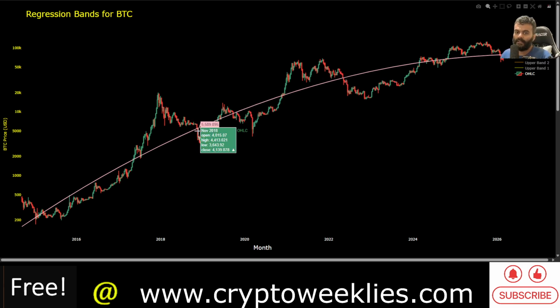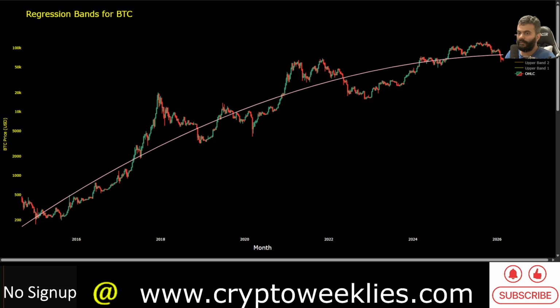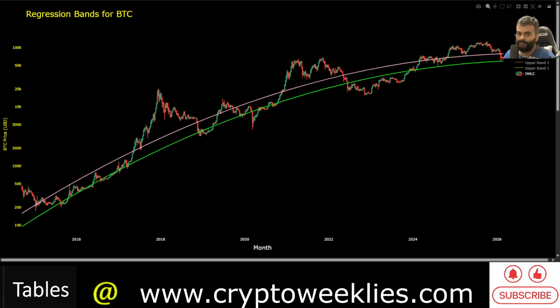You can see in the bear market of 2018 and in the bear market of 2022, the price is not just below the fair value, but also below the bands over here. These are the residuals based on the standard deviation of the price and the fair value. The first band is this green line.